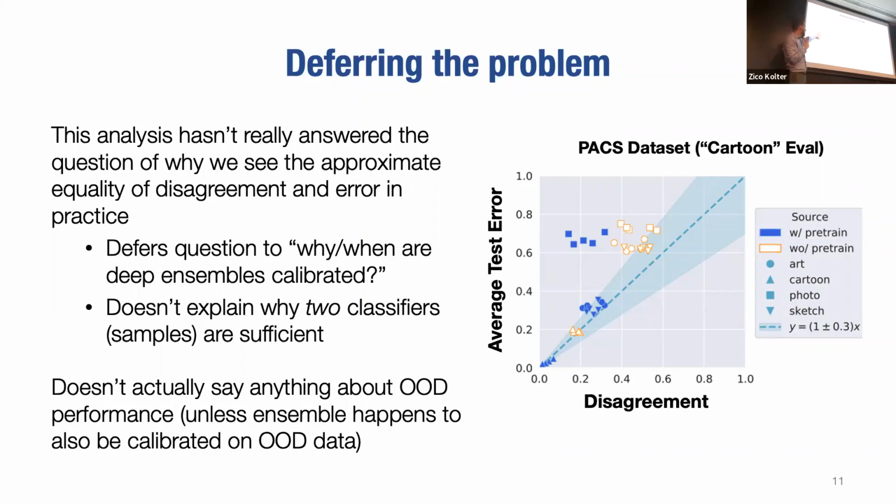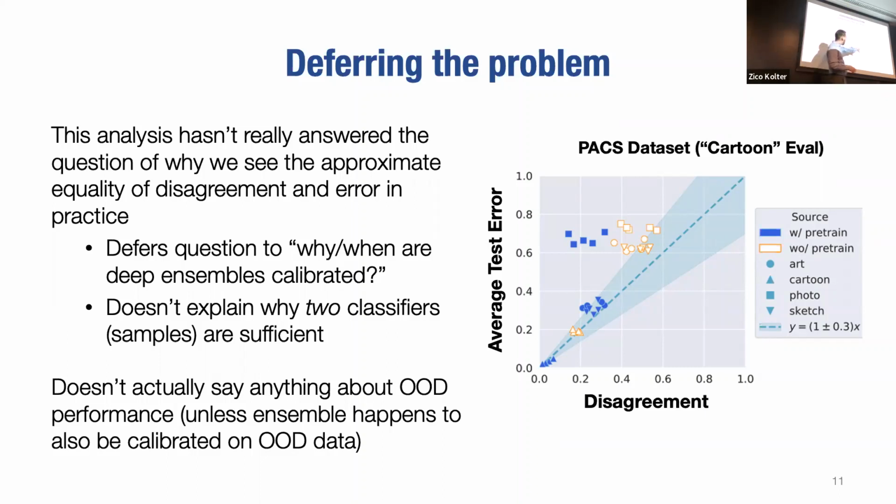Empirically, this process works, with maybe some theoretical backing, if your ensemble of classifiers is well calibrated. But that's just pushing the question back to, are deep ensembles well calibrated or not? And importantly, are they going to be well calibrated on some new distribution of data? And of course, the answer there is maybe yes, maybe not.